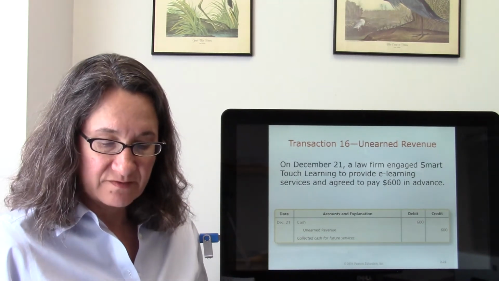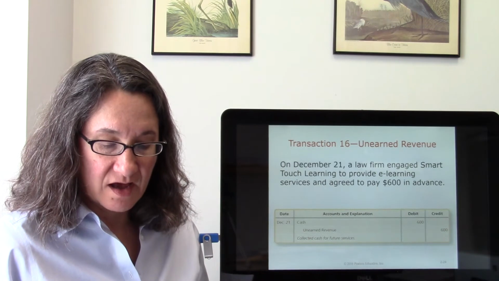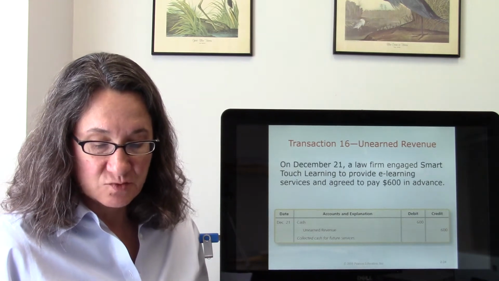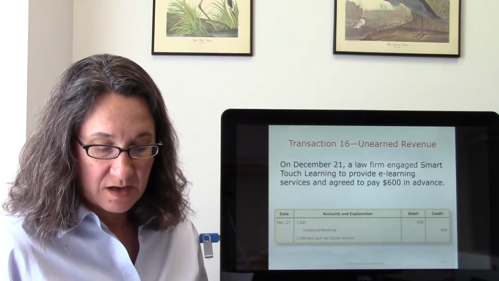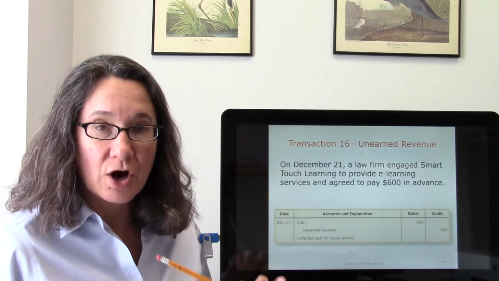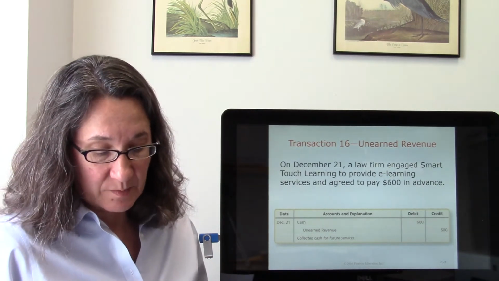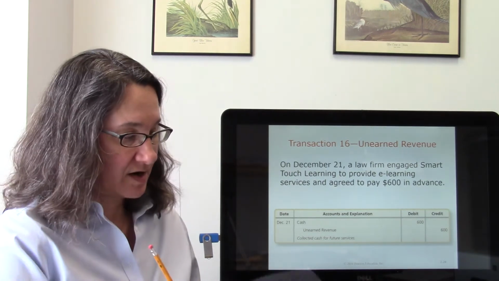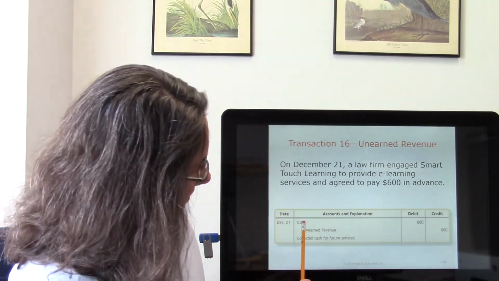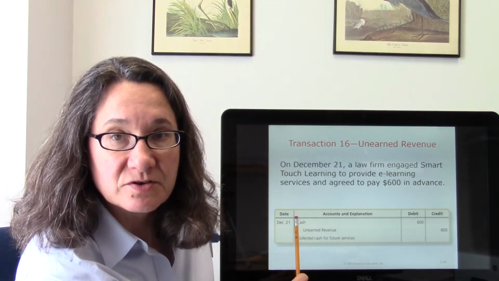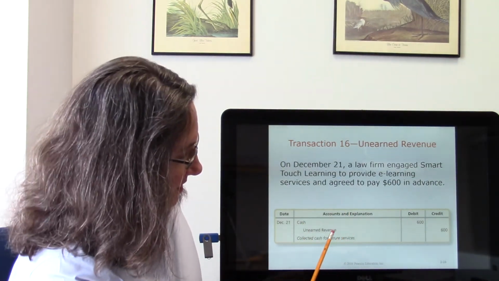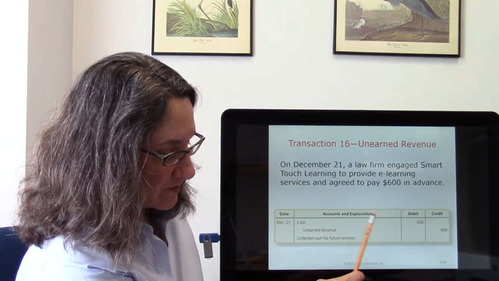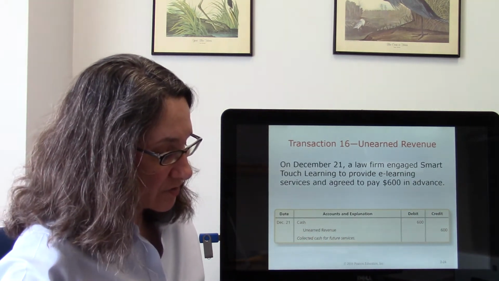So the two accounts involved are cash and unearned revenue. Cash is received from customers in advance, so cash is increased with a debit. Unearned revenue is a liability and is increased with a credit. So we've analyzed it, now we journalize it. Cash increases 600, liabilities increase 600, and the name for the liability is unearned revenue.